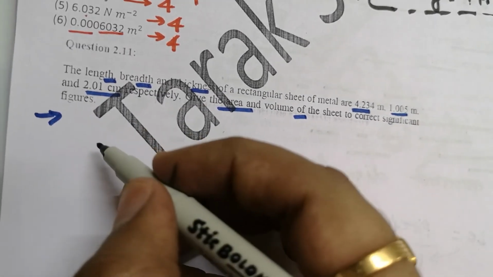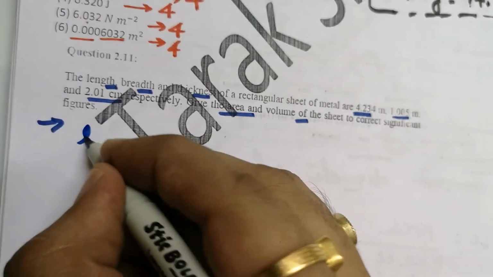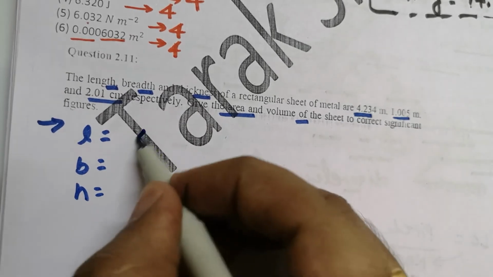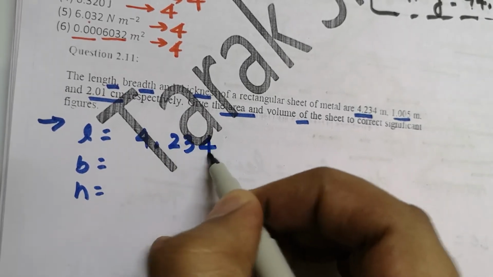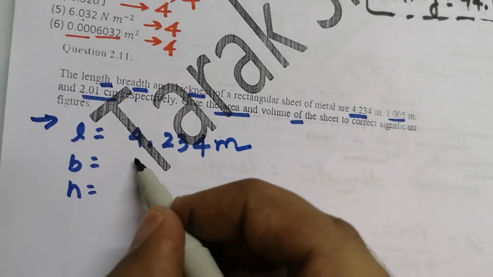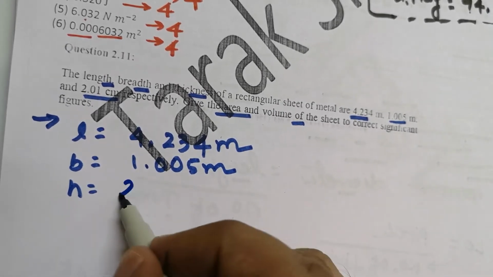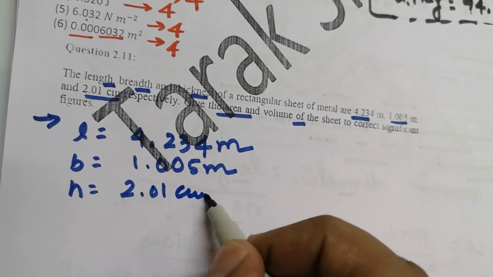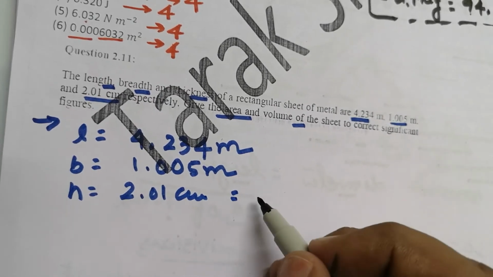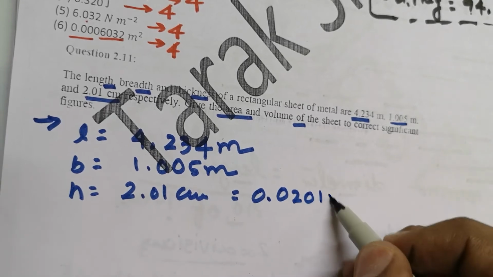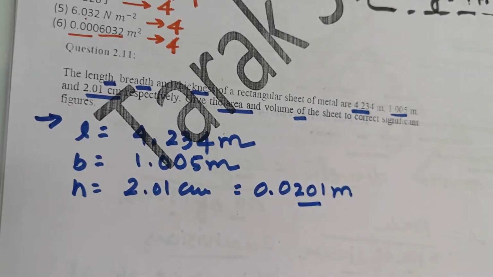I am giving the calculation to you. First of all L, B and let's say H. My length is 4.234 meters. My breadth is 1.005 meters and my thickness is 2.01 centimeter. So I am converting this centimeter into meter, so I have 0.0201 meters.